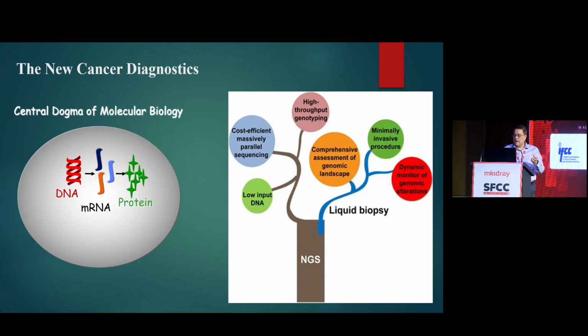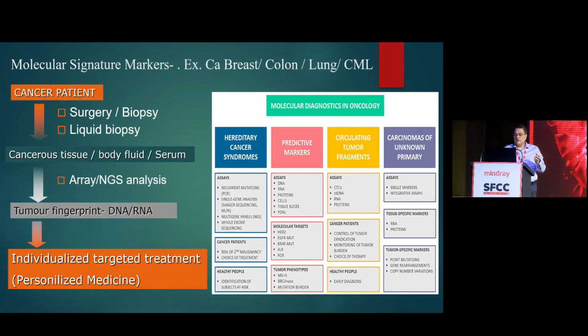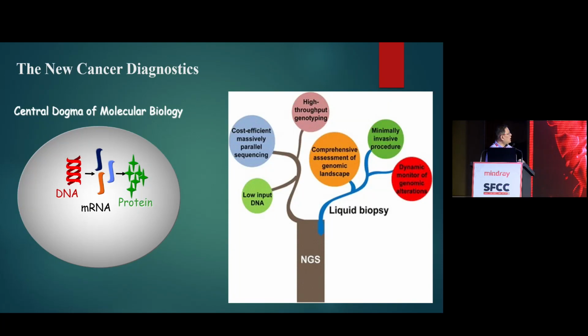And hence, the central dogma, which we all learn as DNA gives rise to messenger RNA gives rise to protein. Our whole focus until now was here, the final protein. We were targeting this. Now we are taking a deeper dive inside, looking at messenger RNA and DNA to give the same information.